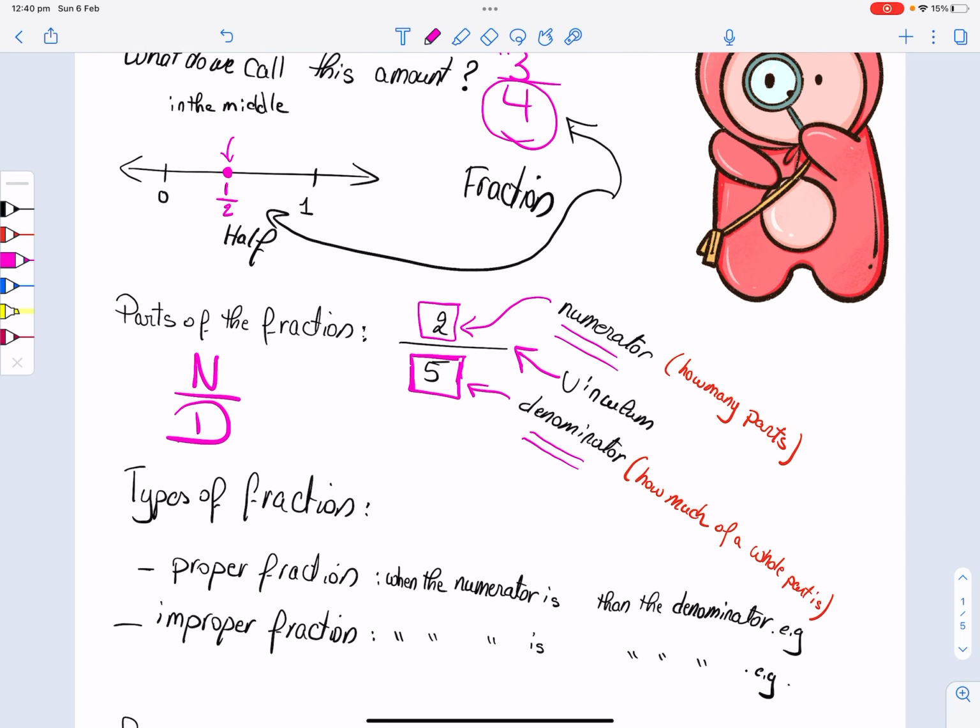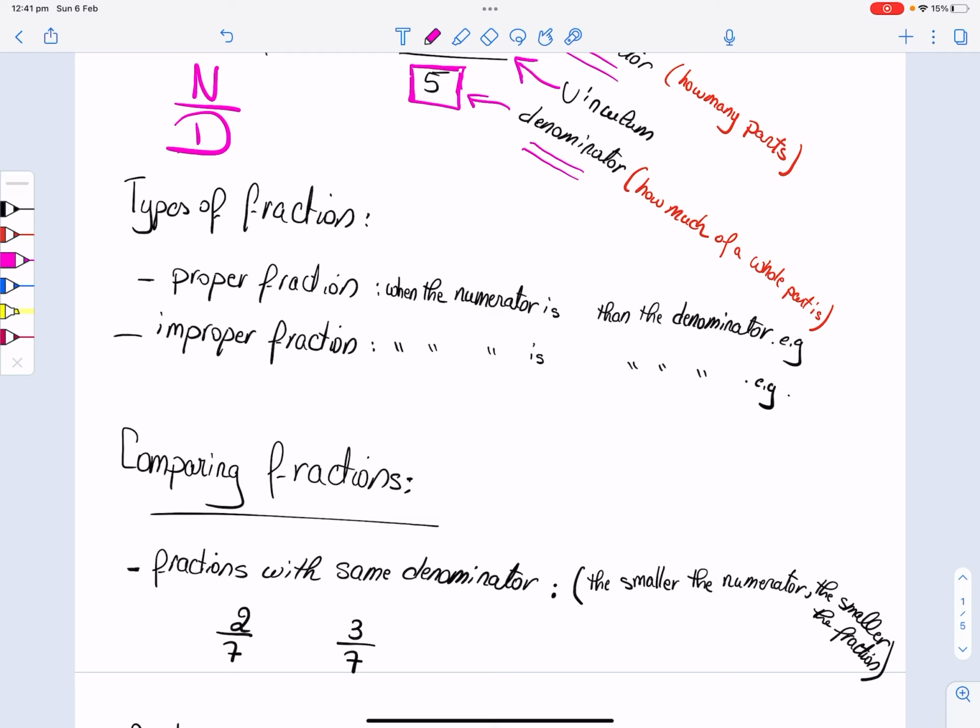Now, we need to know that there are 2 types of fraction, proper fraction and improper fraction. Now you might be wondering what is a proper fraction and what is an improper fraction. A proper fraction is when the numerator is less than the denominator.